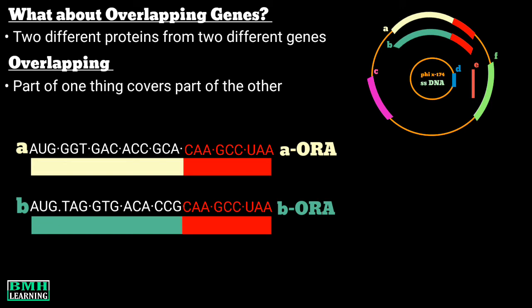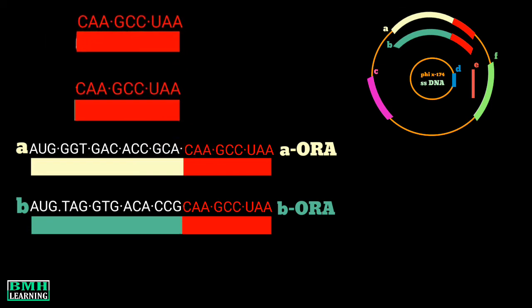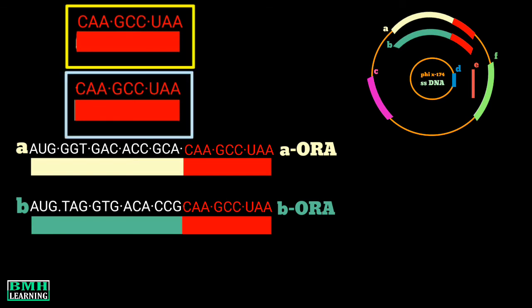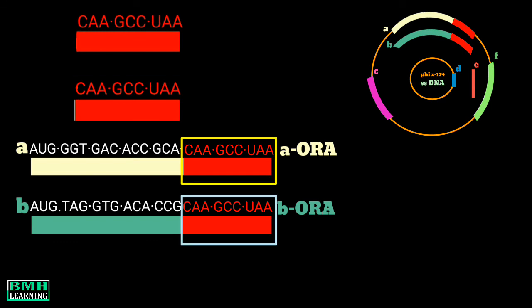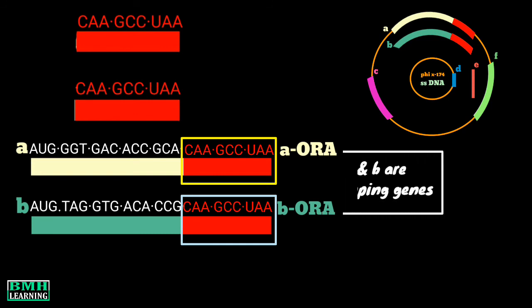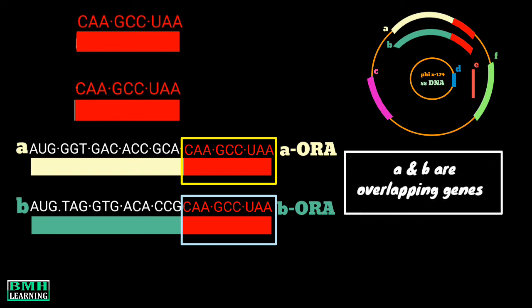Now concentrate. Something interesting is happening here. This particular region of gene A has these nucleotides. The same nucleotides are present in this region of gene B, which is overlapped by gene A. These genes A and B are referred to as overlapping genes.